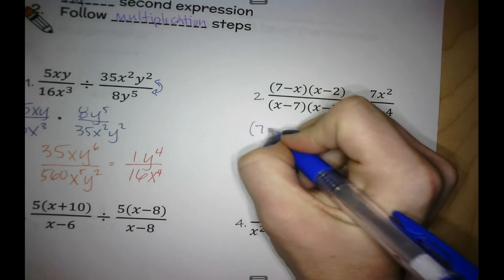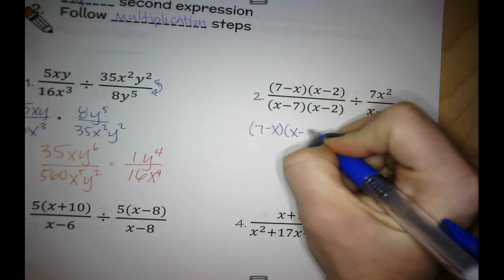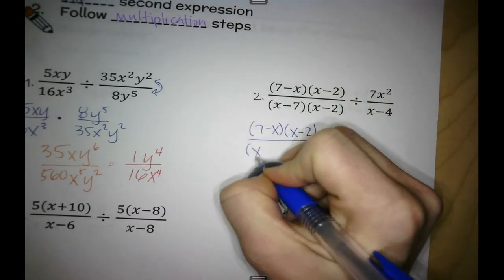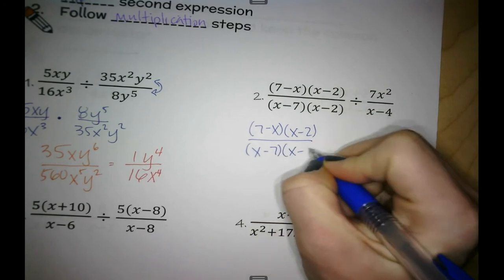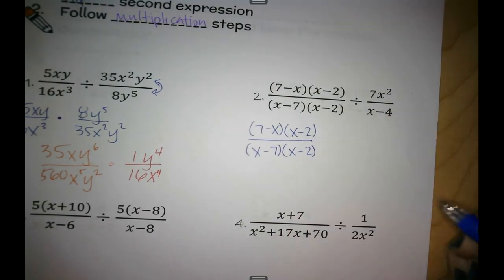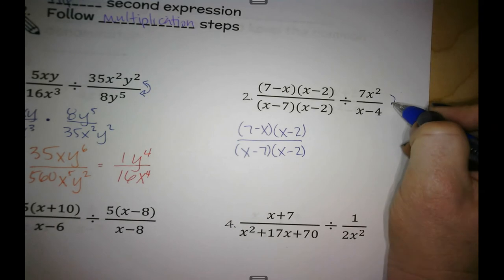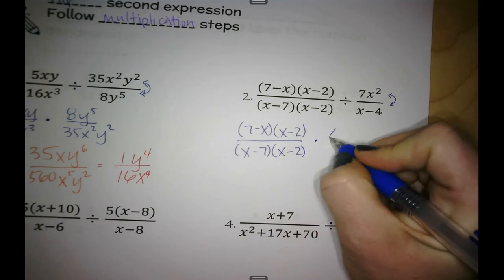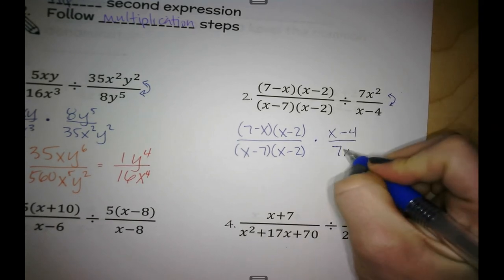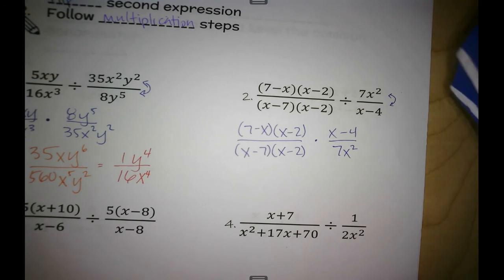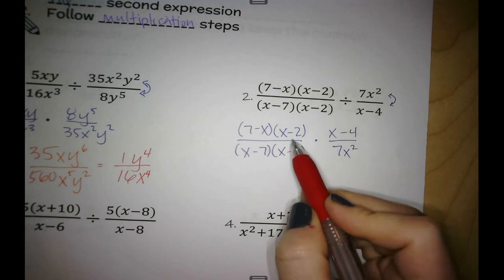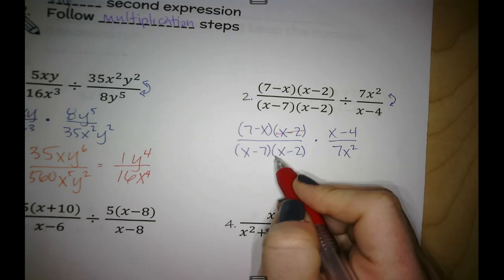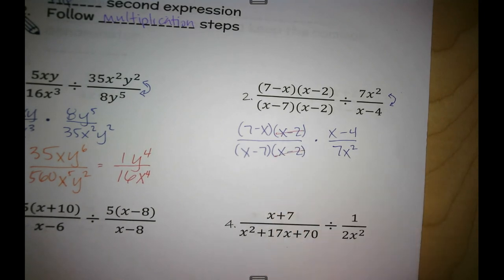All right. This one, generously enough, is already factored for you on this side. So let's flip our fraction, our second one, 7x squared. And then let's eliminate. So we've got an x minus 2 here, x minus 2 here.